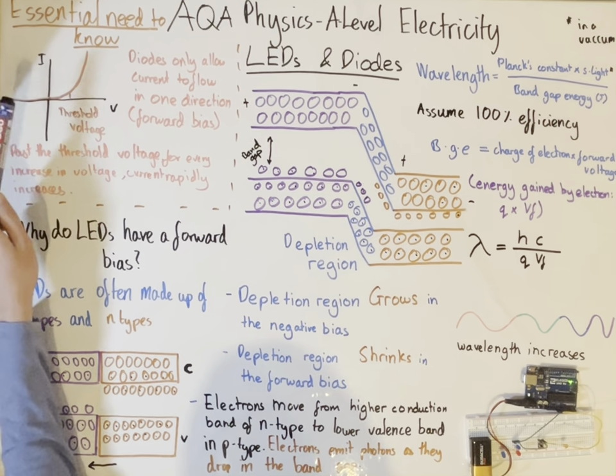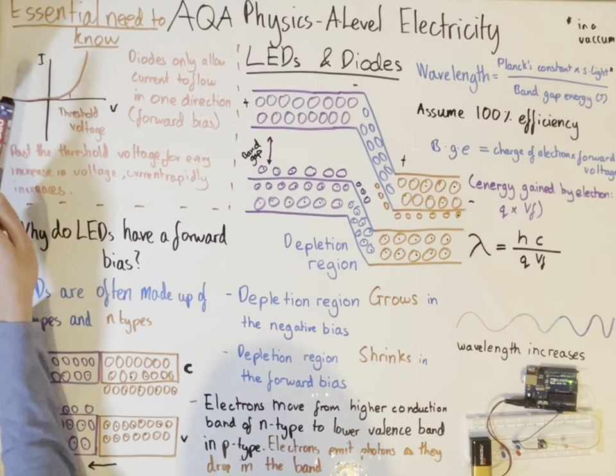Okay, so let's start off with as to why LEDs have a forward bias. So within LEDs and diodes, we have semiconductors, and these semiconductors have conduction bands and valence bands.